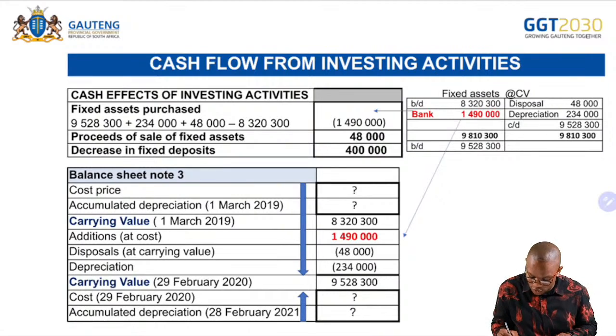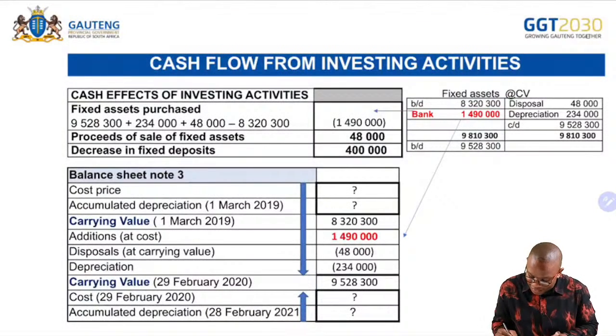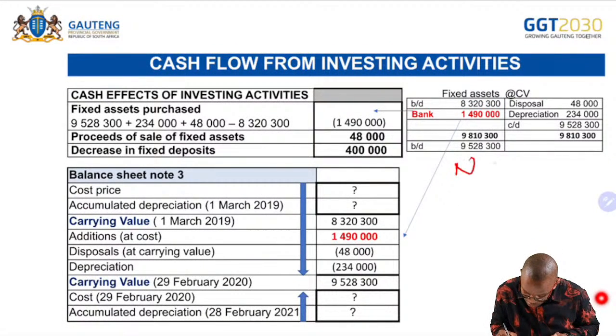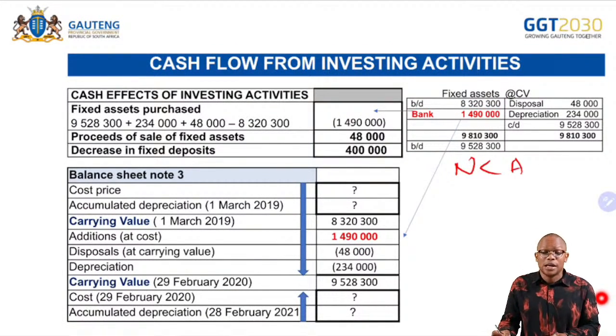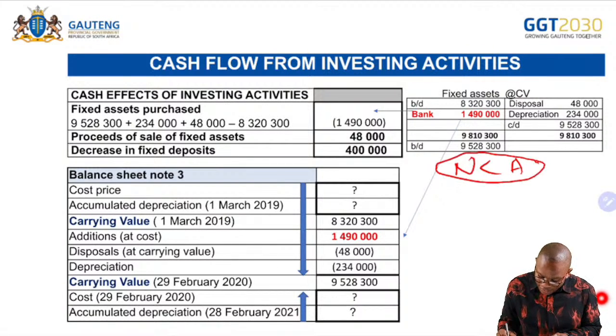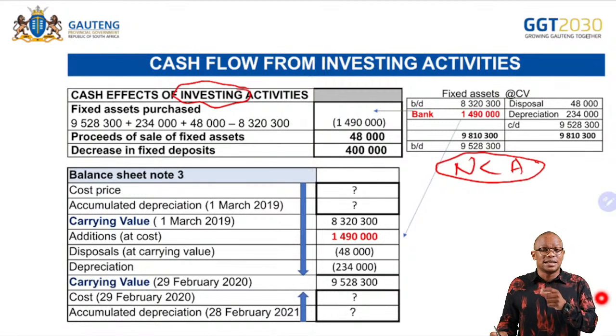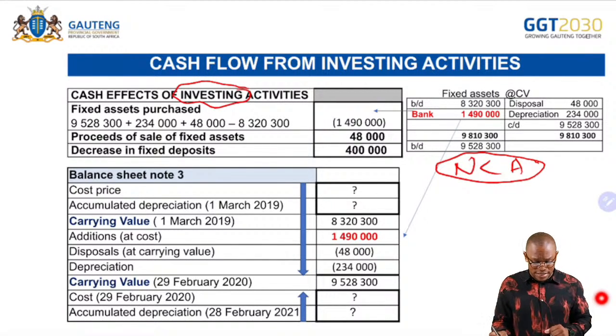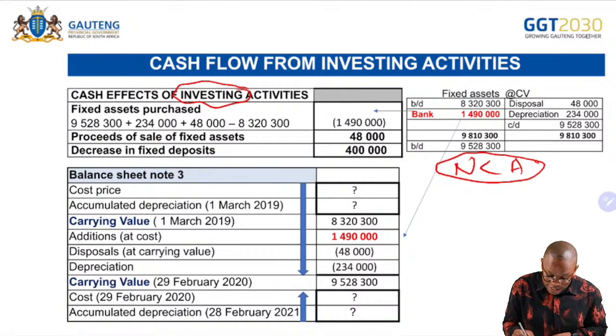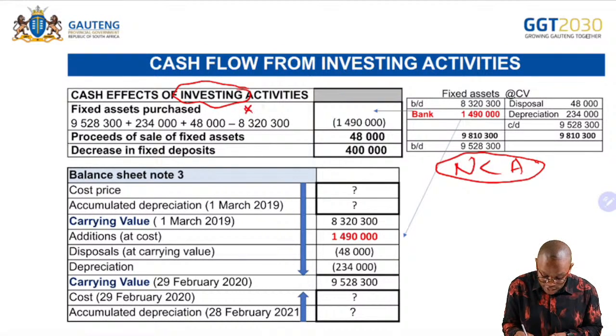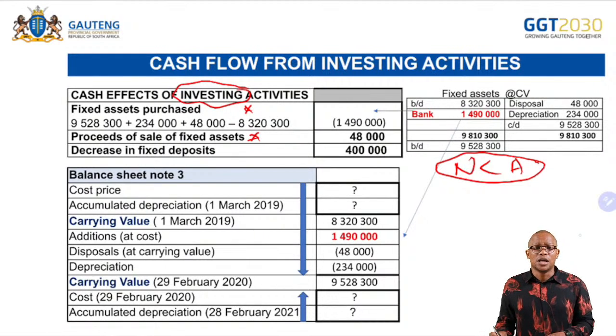Why am I saying that? Remember, the first part of your balance sheet, you will have your non-current assets. You must know that your non-current assets are the ones that are speaking to your investing activities. Why am I saying that? If you check your fixed assets purchased as well as your proceeds of sale of fixed assets, those two come from your note number 3, which is your property, plant and equipment.